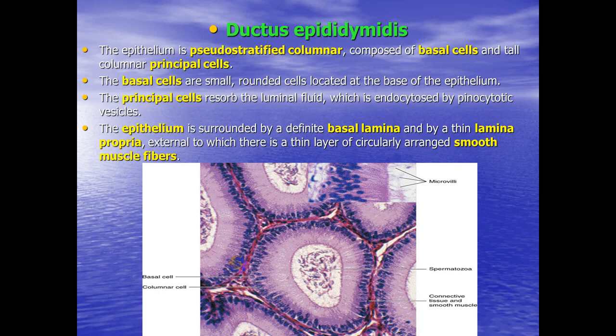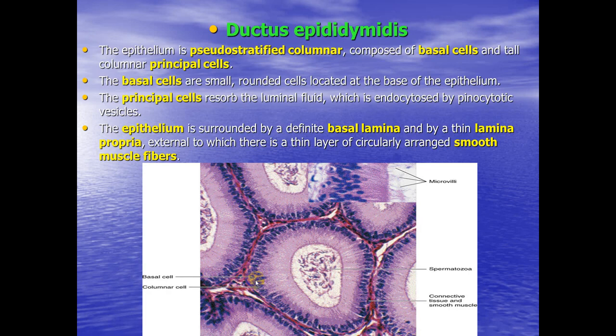As with other tubules, this ductus epididymis is covered by the epithelium, then peritubular loose connective tissue, and smooth muscle cells around. Pay attention to the epithelium. Here the epithelium is pseudostratified columnar. But if we compare with the ductuli efferentes, the low cells are named basal cells.